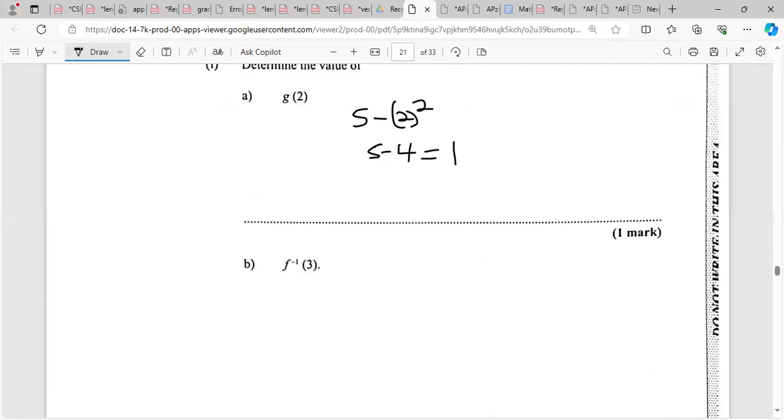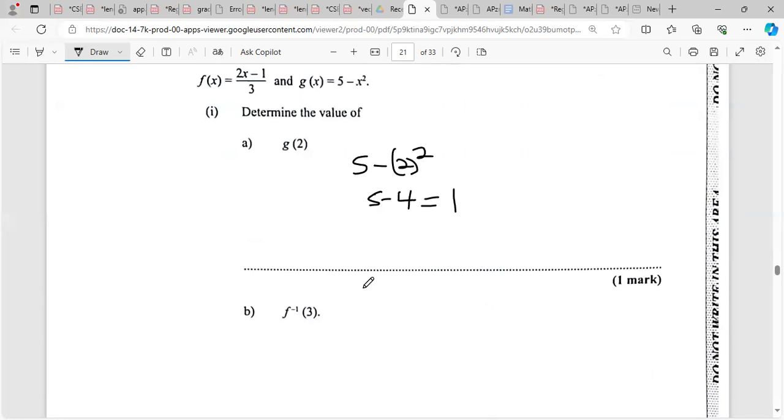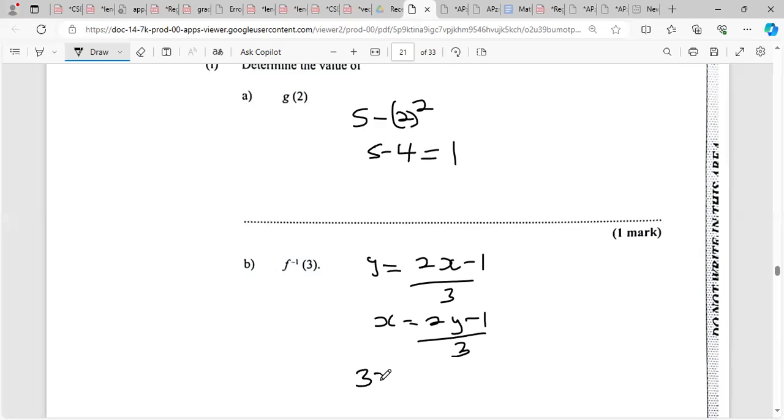Inverse of f and plug 3 in there. We never see that too. Alright, so the inverse would be y equal 2x minus 1 over 3. Interchange x for y and y for x. So that gives us x equal 2y minus 1 over 3. What we're doing is solving for y. So we get rid of the denominator. So it will be 3x equal 2y minus 1. Get rid of the 1 by adding 1 to both sides.